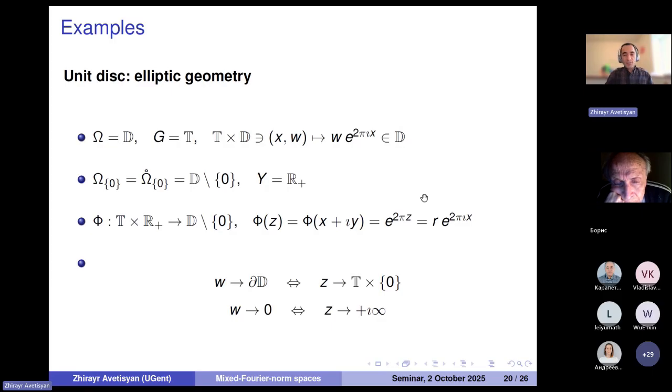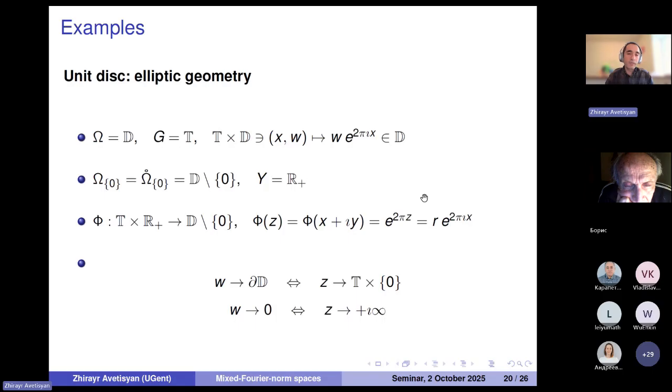Now, it is important to look at the boundaries. What happens to the boundaries in this change of coordinates? When w approaches the boundary of the disk, the unit circle, then in the model space, we are basically approaching y equals 0.